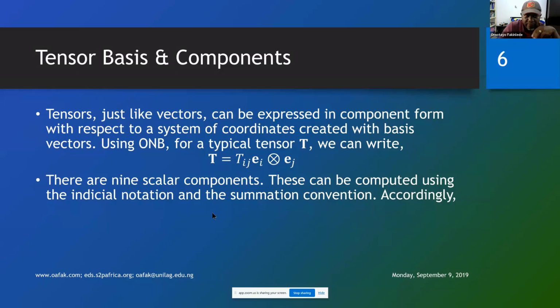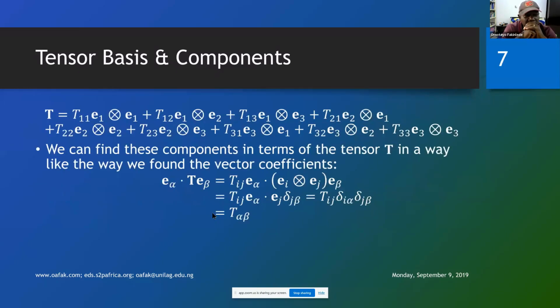This can be computed using the indicial notation and the summation convention. Accordingly, we can say T is equal to T11 E1 E1, T12 E1 E2, T13 E1 E3, T21 E2 E1, T22 E2 E2, T23 E2 E3, T31 E3 E1, T32 E3 E2, and T33 E3 E3.